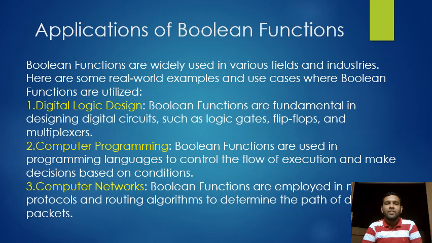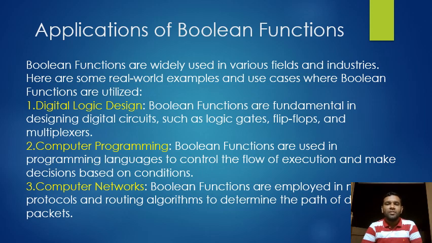Next one is about computer networks. Boolean functions are employed in network protocols and routing algorithms to determine the path of data packets, like how the data is used in each computer or in a given network of computers.